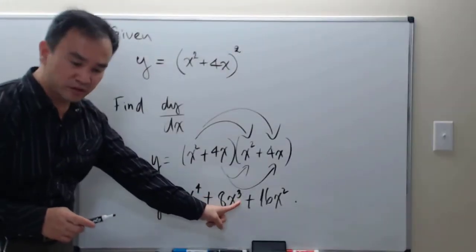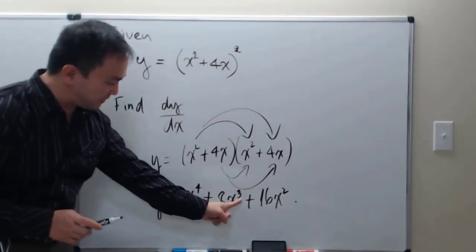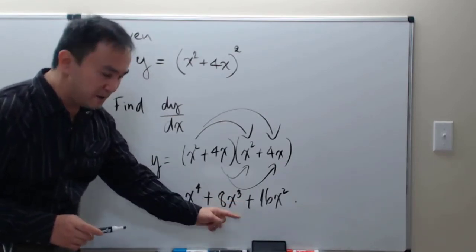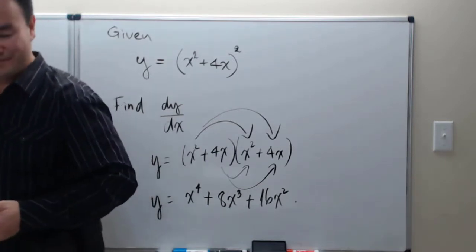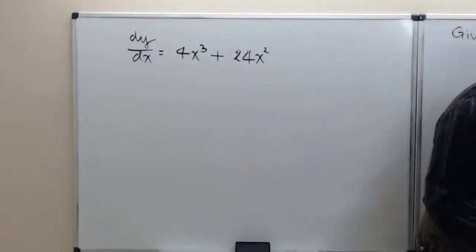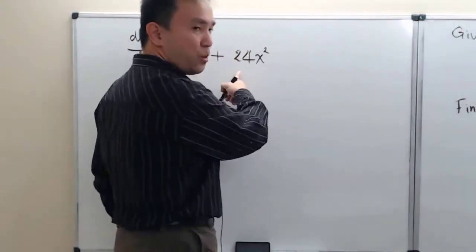The beginning power was 3, and I multiplied down the power and multiplied it together with that constant coefficient, and the power is reduced by 1. In that way, that's how I got my 24x squared.